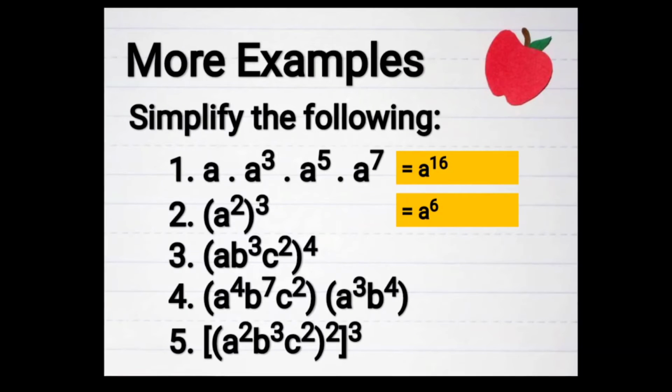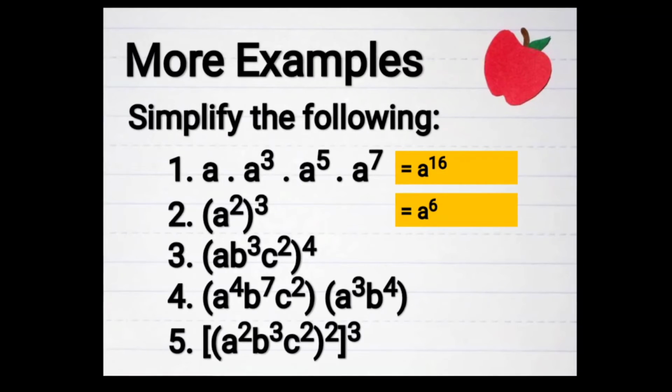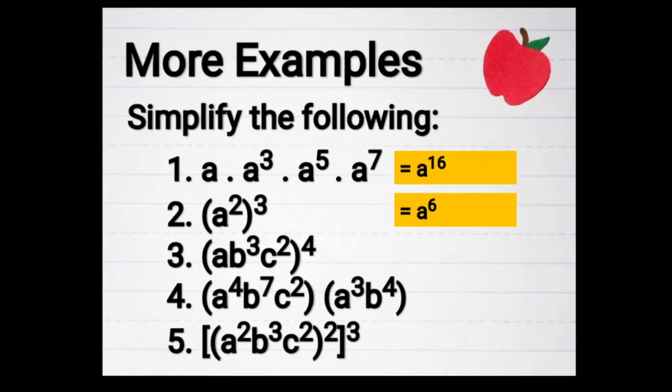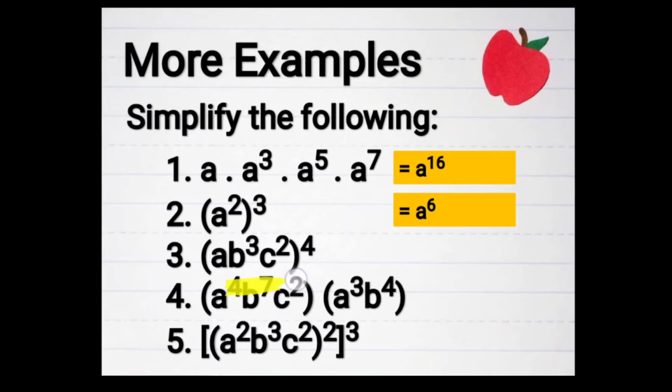Next, for number 3, we can apply the third law, which is the law for power of a product, because there is an operation inside the parentheses, which is multiplication. This is a times b cubed times c squared.